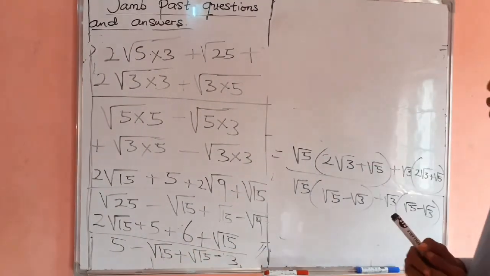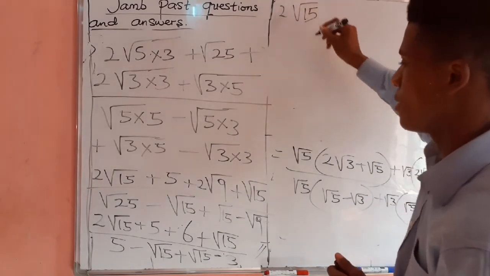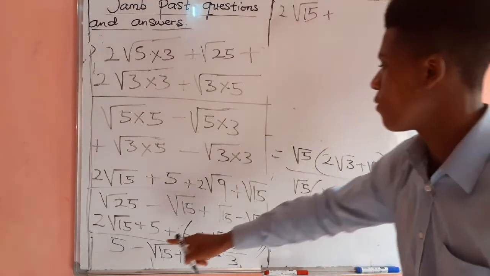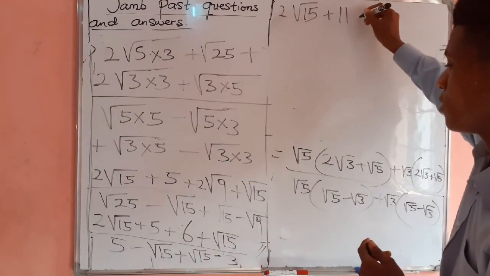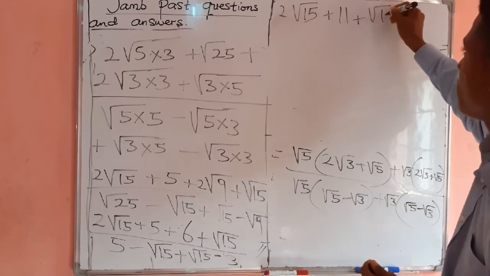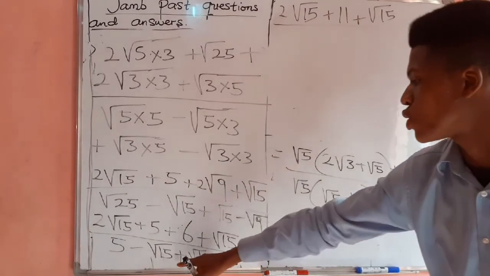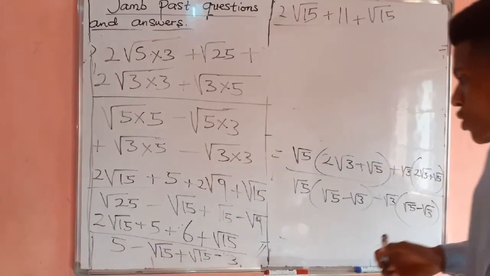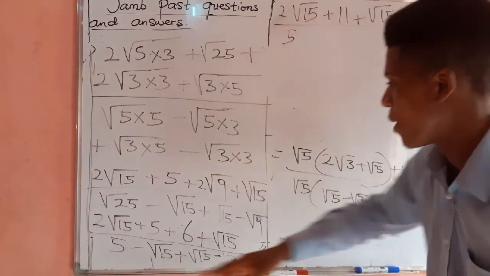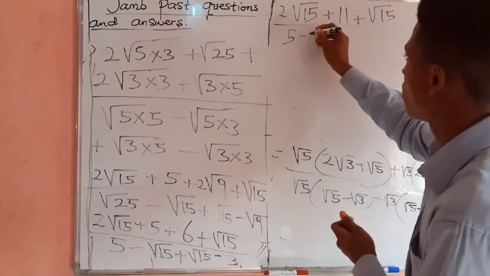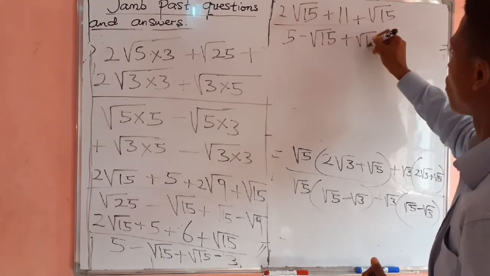From this now, we have 2 root 15 plus 5 plus 6, which will give you 11. 11 plus root 15. None of this can be reduced further. So you just go direct to what you have next: 5 minus root 15, plus root 15.